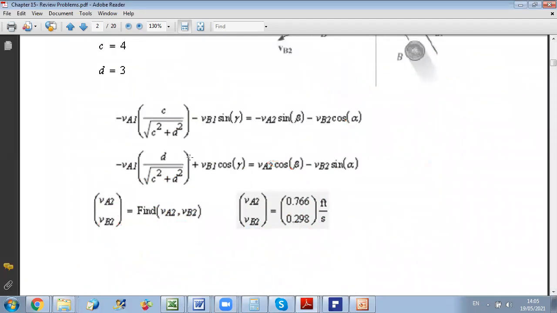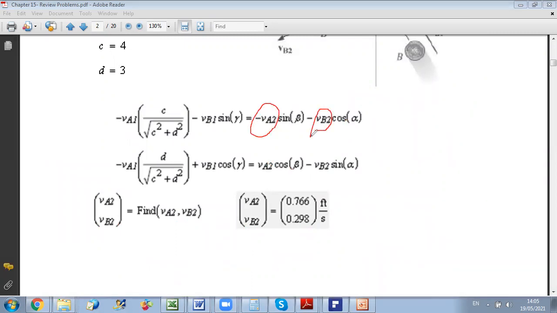This is D over radical, which is sin of the angle theta, and as we said here, the projection of VB, VA2, VB2 along Y. So now we just have to replace alpha, beta, gamma by their given values. We get a system of two equations with two unknowns, VA2 and VB2, so we can solve for VA2 and VB2.